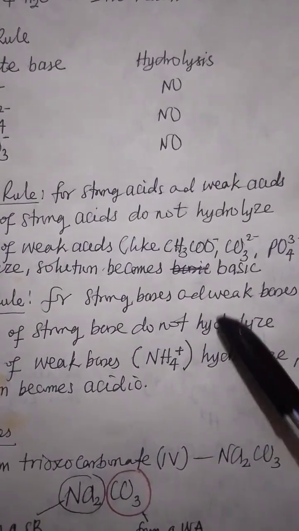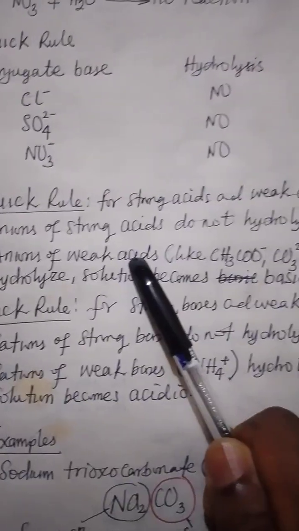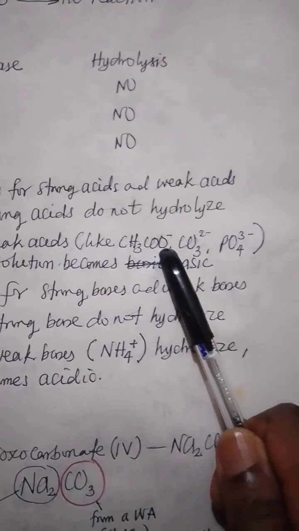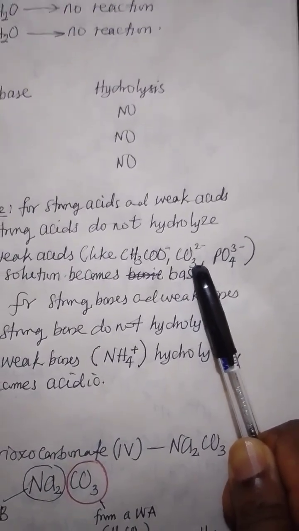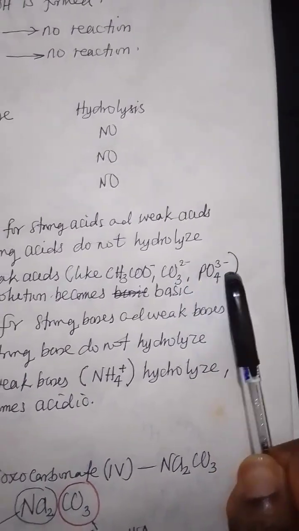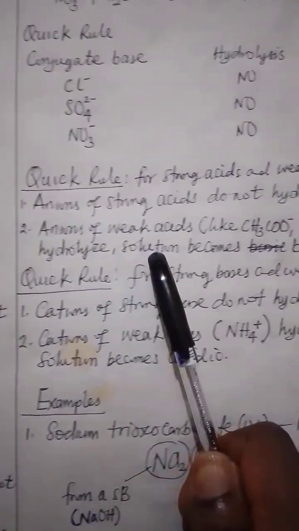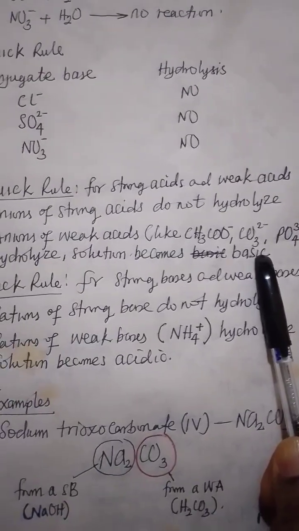So let's back up a bit. Anions of weak acids like ethanoate ion, trioxocarbonate 4 ion, tetraoxophosphate 5 ion hydrolyze, and when they do so, solution becomes basic. I beg your pardon, basic, not acidic.